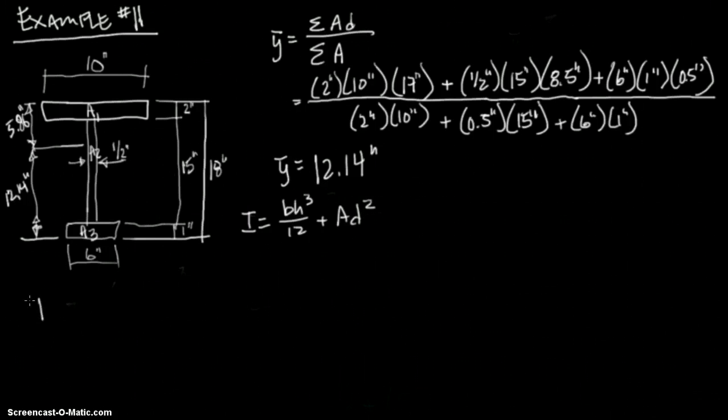So let's bring it down here where we have a little bit more space, and we're going to do A1 first, and that is base is 10. Height of A is 2 cubed divided by 12 plus your area is 10 times 2.